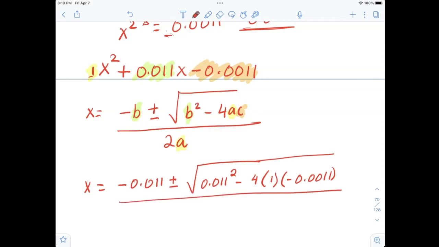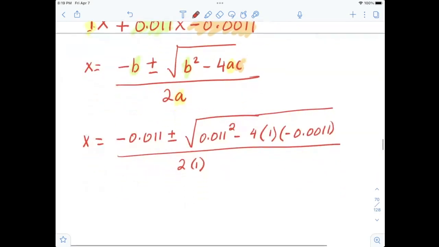That goes over here. Over 2 times 1. I'm trying to use the colors to keep track of what I'm doing, plus to make it kind of colorful and fun while we're doing all this math, right?